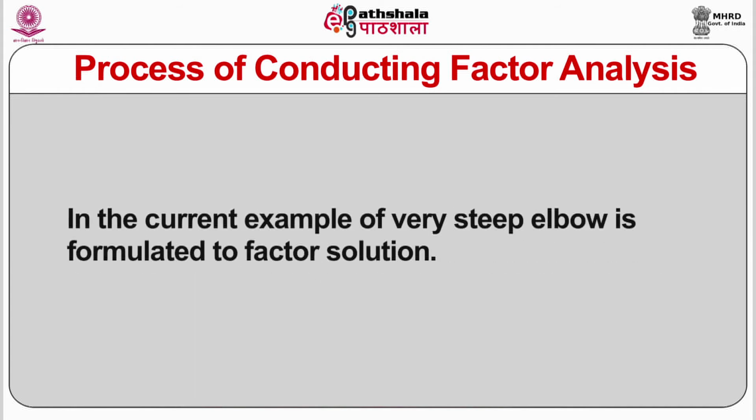In the current example, a very steep elbow is formed. Therefore, an ideal solution would be a two-factor one. However, the total variance explained table indicates that a two-factor solution will result in only 38% variance explained, and therefore it is better to go with a four-factor solution than a two-factor one.